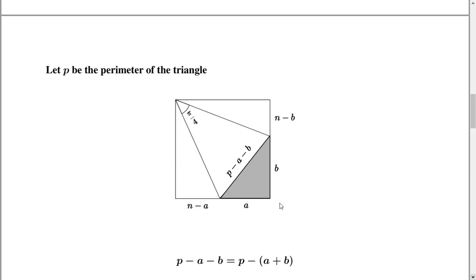So if you look at it here, you will see that A plus B is one of the values that is of interest to us, right? Because it is part of the perimeter. If you want to find A plus B, what can you do?